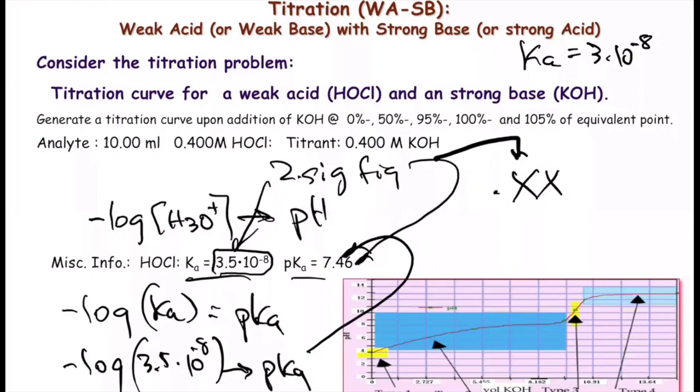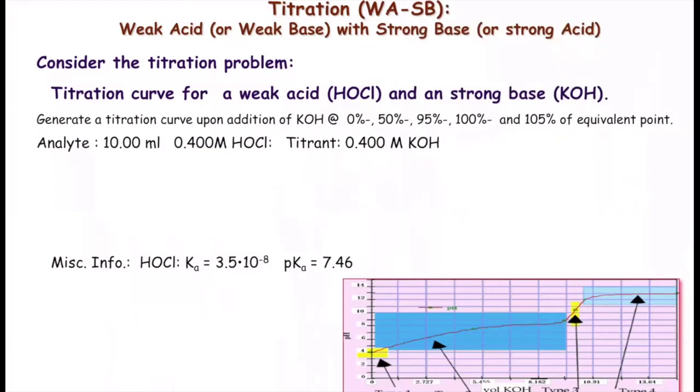If I gave you 3 times 10 to the minus 8 with only one significant figure, it would be rounded off as a pKa of 7.5, with only one digit past the decimal. I wanted to give you better precision in this discussion. Okay, let me go ahead and clear this.